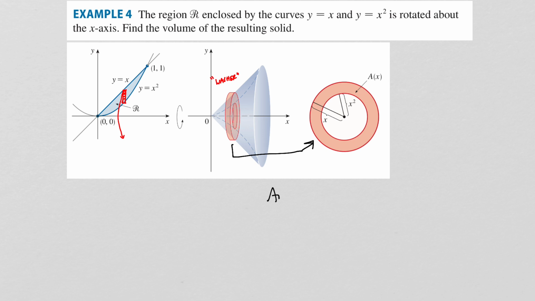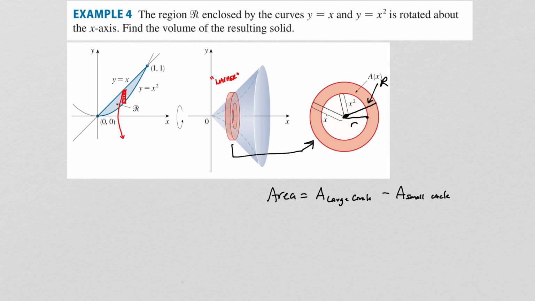So to get that cross-sectional area, I'm going to take the area of the large circle minus the area of the small circle. So when you think of large circle and small circle, the large circle we will say has a radius of capital R, and the small circle we'll say has a radius of little r.